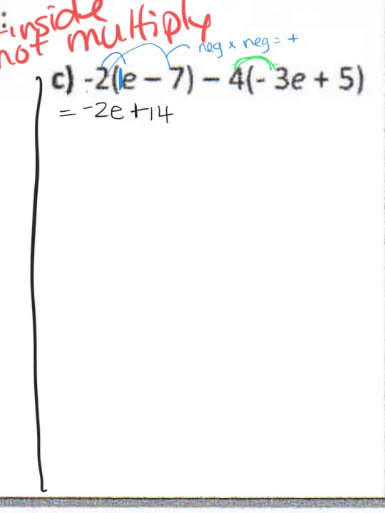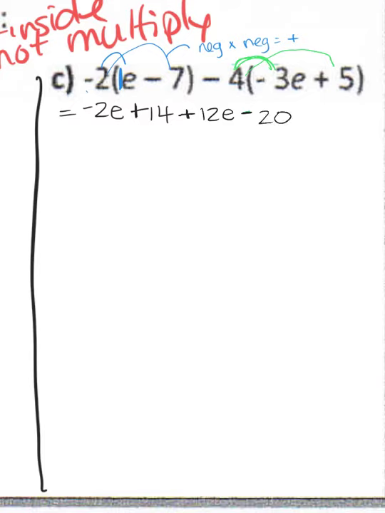And we just said a negative and a negative are going to make a positive. So I know that my sign right here is going to be positive. And 4 times 3 is 12. My e comes along for the ride. Okay. Negative 4 times positive 5. Now a negative and positive, my numbers are opposite. Negative 4 times positive. So now I'm going to have a negative. Oops. Make it the same color. And 4 times 5 is 20.